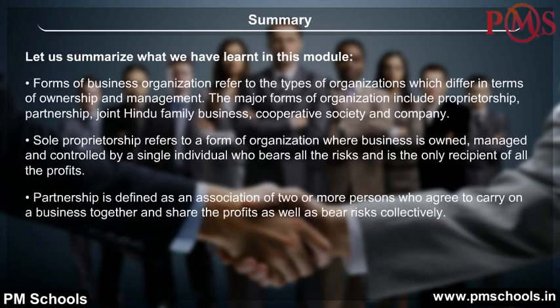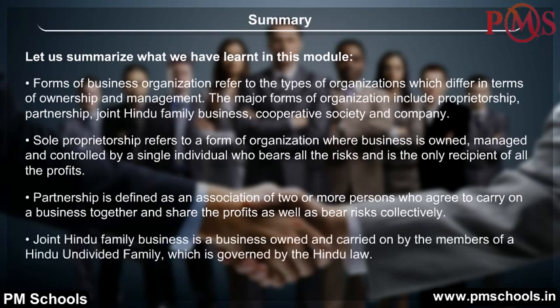Partnership is defined as an association of two or more persons who agree to carry on a business together and share the profits as well as bear risks collectively. Joint Hindu family business is a business owned and carried on by the members of a Hindu undivided family, which is governed by the Hindu law.